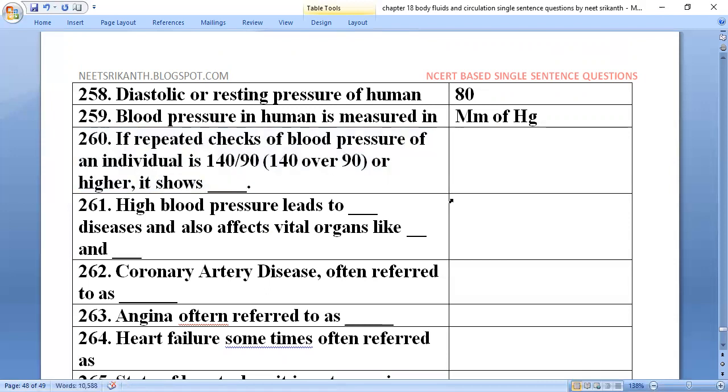If repeated checks of blood pressure in an individual show 140 by 90 or higher, it shows hypertension. High blood pressure leads to various kinds of heart diseases, which may affect organs like the brain and kidney.